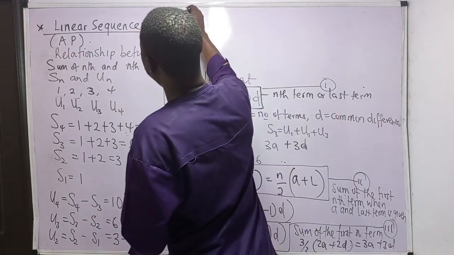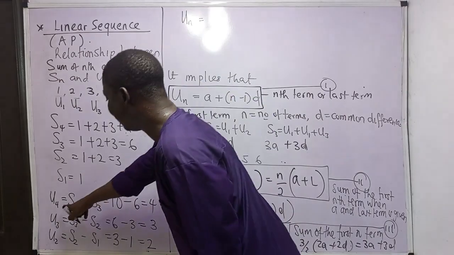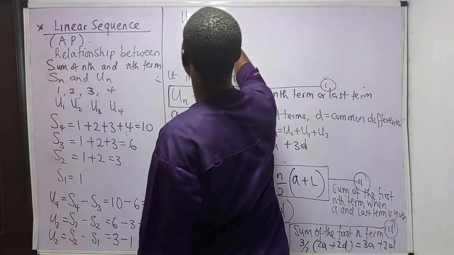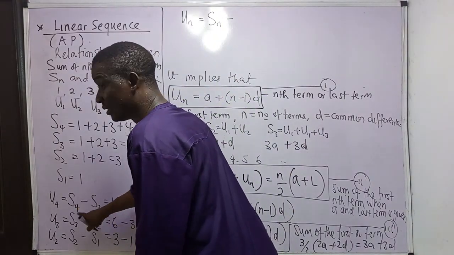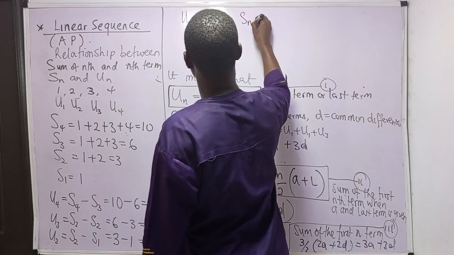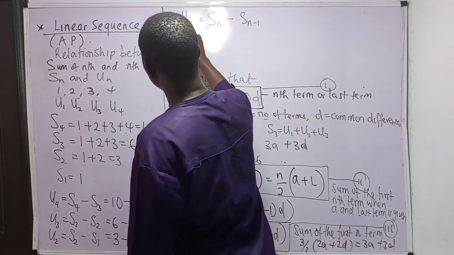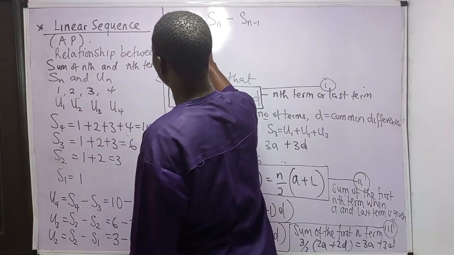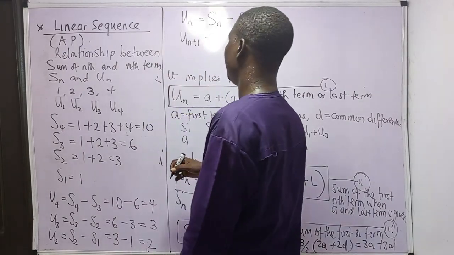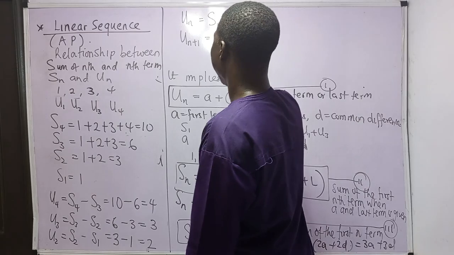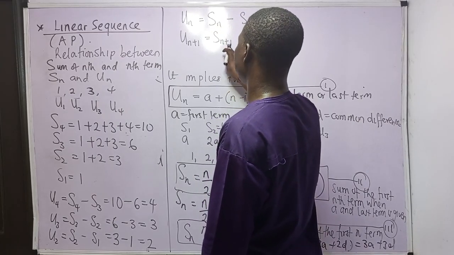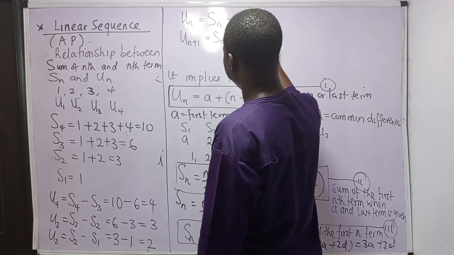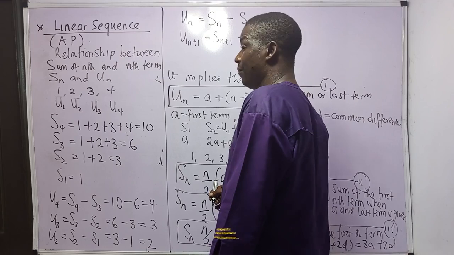Meaning that we can now conclude, ladies and gentlemen, that Un equals Sn minus S(n minus 1), the difference between 4 and 3. What about U(n plus 1)? It will be S(n plus 1) minus Sn, removing 1 from here. Let me make it tougher.